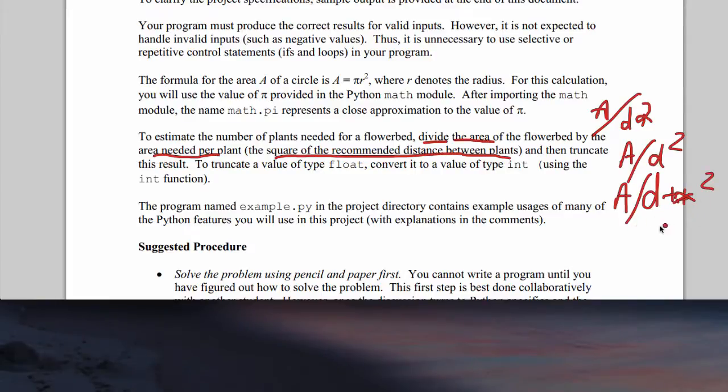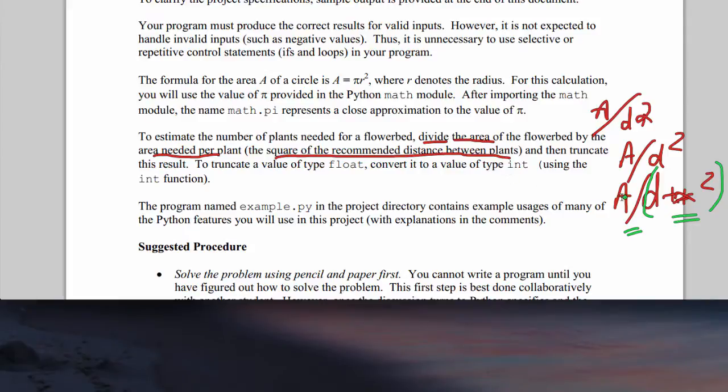Order of operations are standard. We do the star star first, and then we do the slash, so we don't need parentheses. But if you wanted to put parentheses just to make it a little clearer, we can do that. So that takes care of how to do the distance.